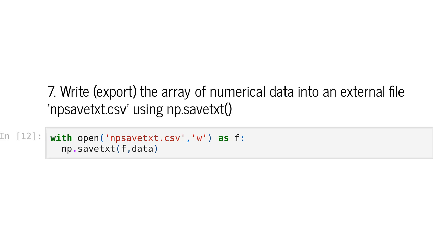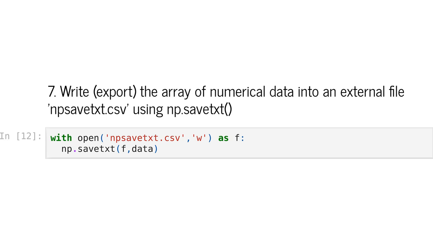Now, let us consider how to save our numerical data, which is currently in a NumPy array, back into an external file. The NumPy library provides a convenient function called savetxt for this purpose. The code snippet shows how to use it. We use the with open statement to open a file named npsavetxt.csv in write mode, indicated by 'w'. The CSV suffix suggests we are saving it in a comma-separated value format, which is a common text-based format for tabular data.